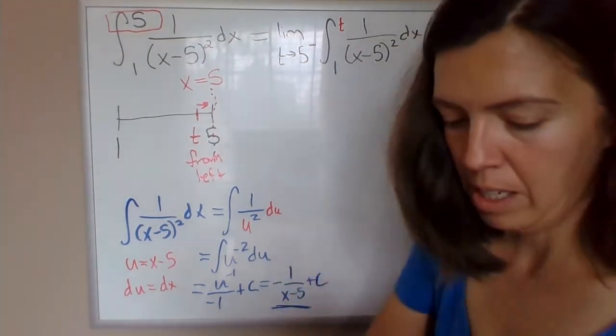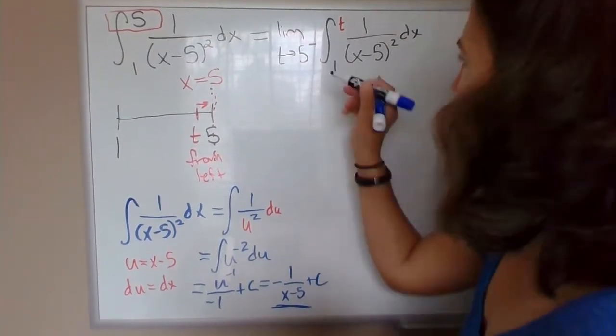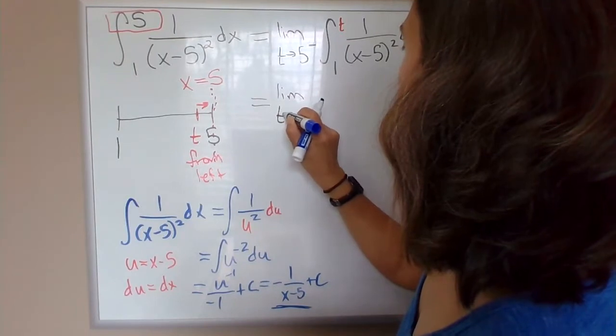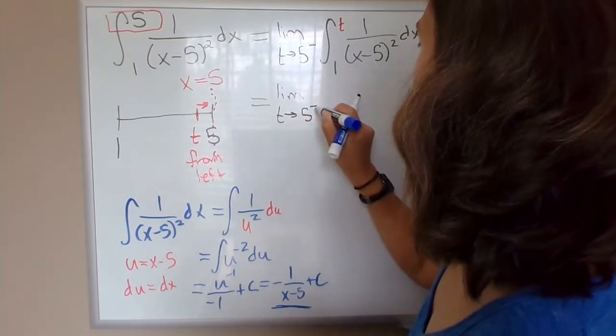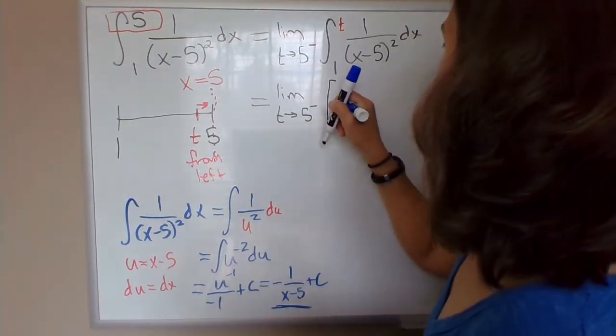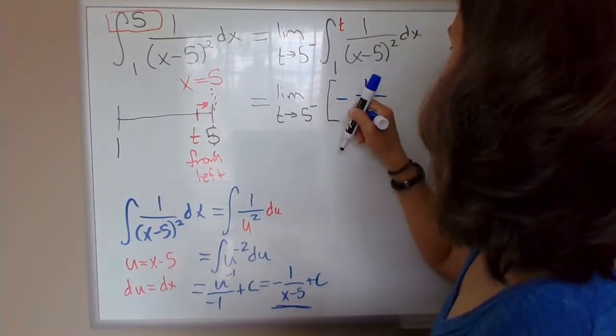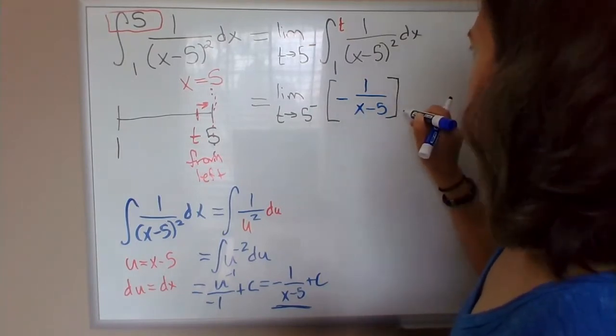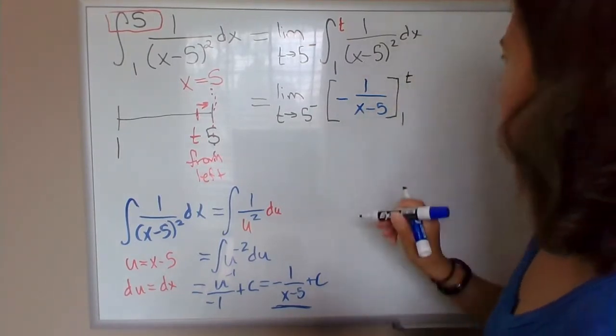When I plug it in up here, I don't need the plus c if I've got limits of integration. So this is the limit as t approaches 5 from the left of the antiderivative, negative 1 over (x minus 5) to the first, evaluated from 1 to t.